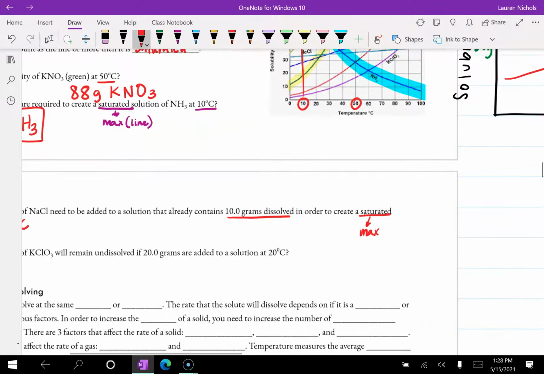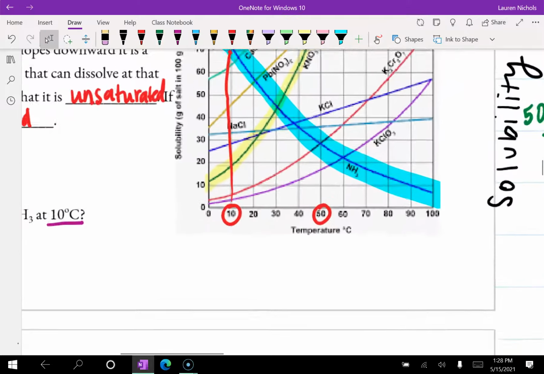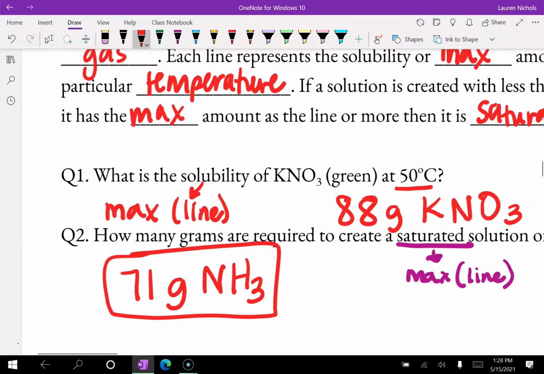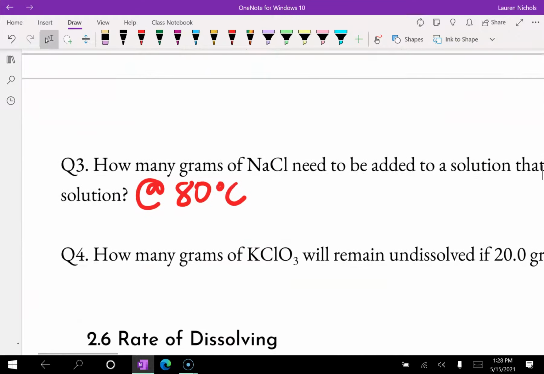So if we look at NaCl, which is this light blue line right here, and again, let's highlight it. Okay, we're looking at 80 degrees Celsius. And if we go up to the line, that's a little under 40. So let's say 38.